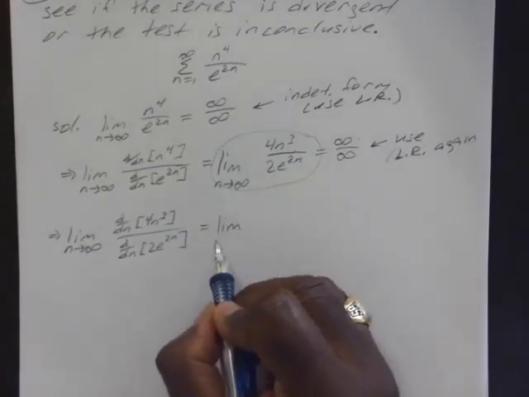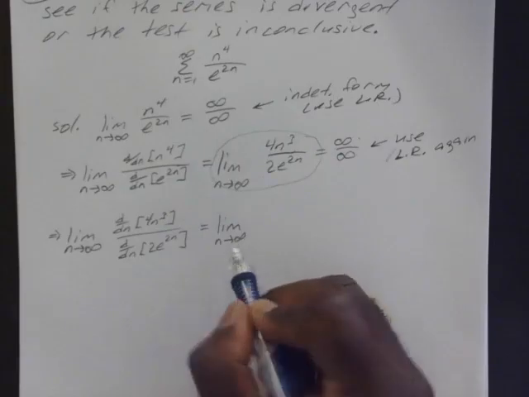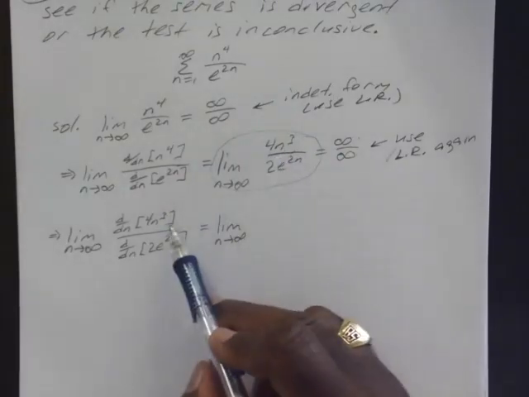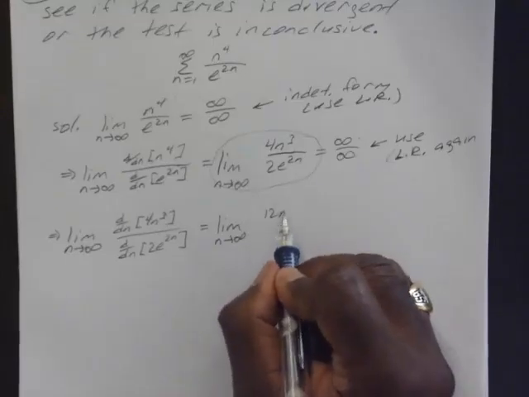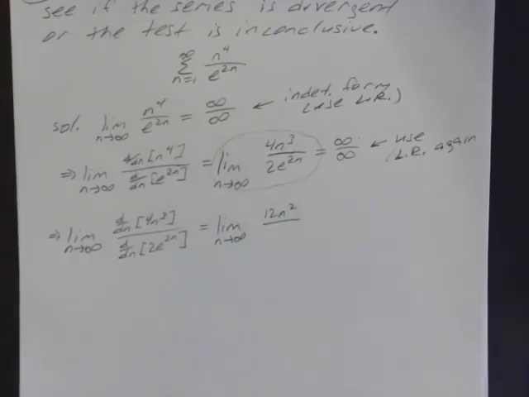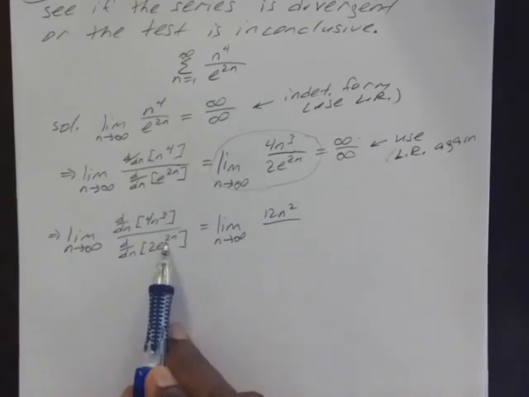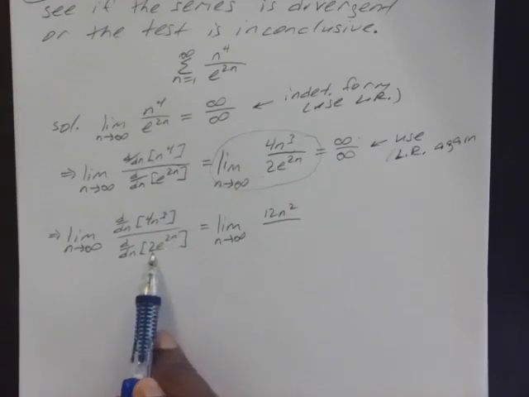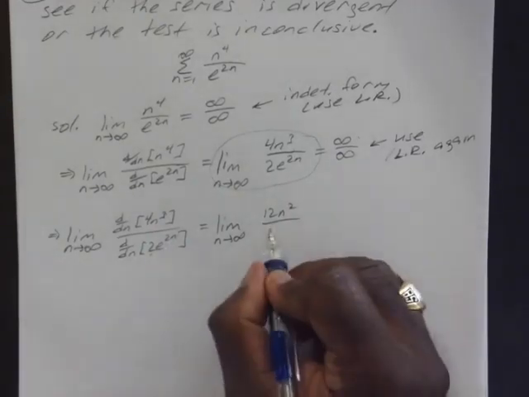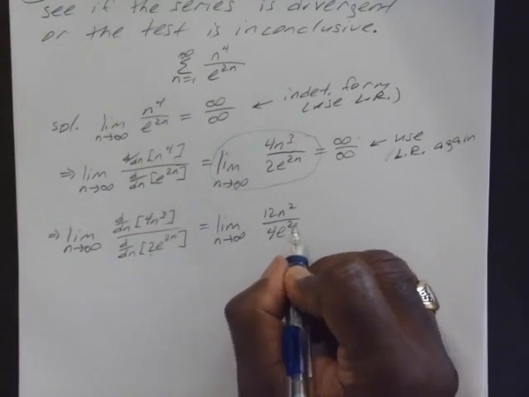Okay, so that gives us the limit as n approaches infinity. So if we take that derivative, that gives us 12n squared divided by, we take the derivative of e to the power of 2n, that's 2 times e to the power of 2n, multiplied by the 2 that's already there, it gives us 4 times e to the power of 2n.